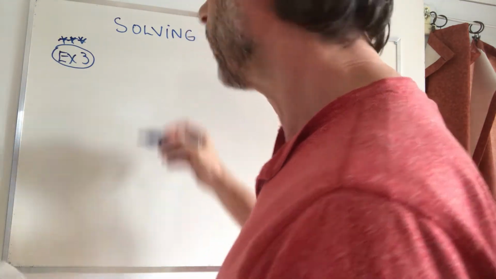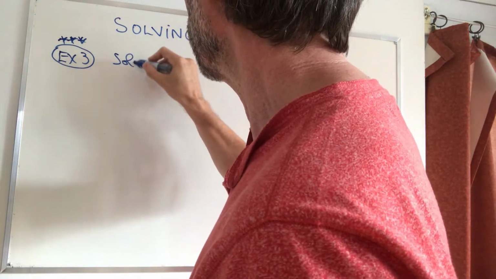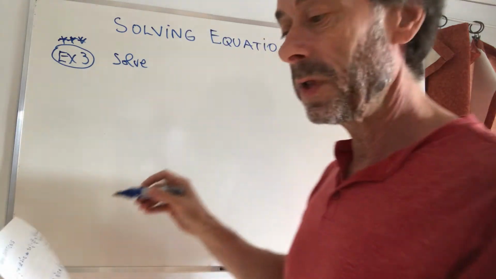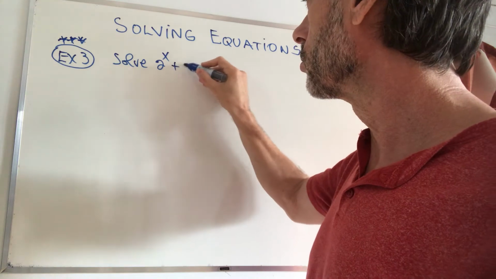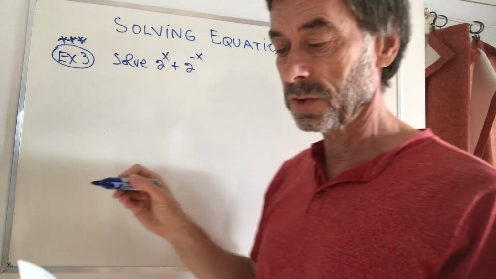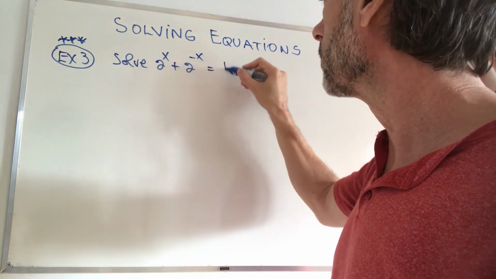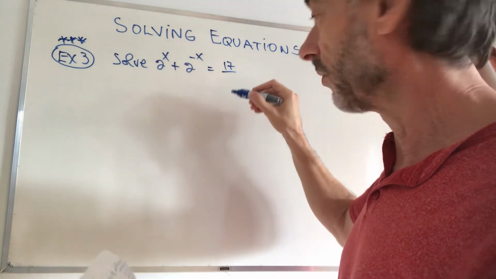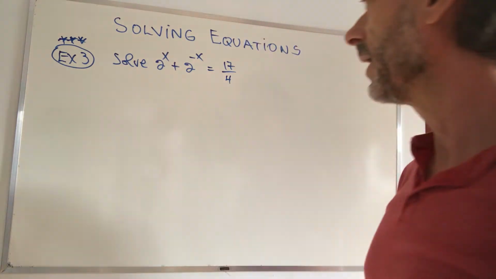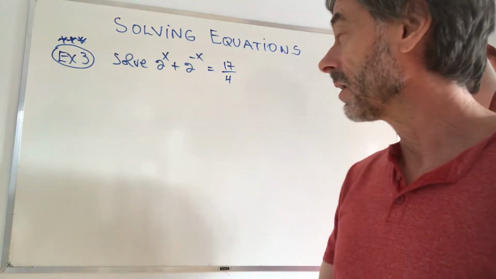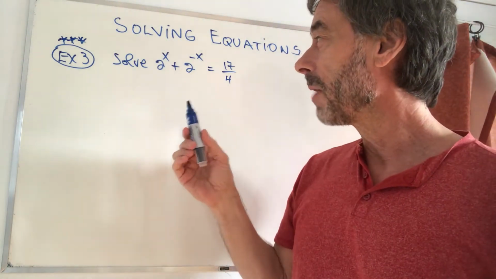What do we have here? Solve 2 to the x plus 2 to the minus x is equal to 17 over 4. All right, so here we have 2 to the x and 2 to the minus x.